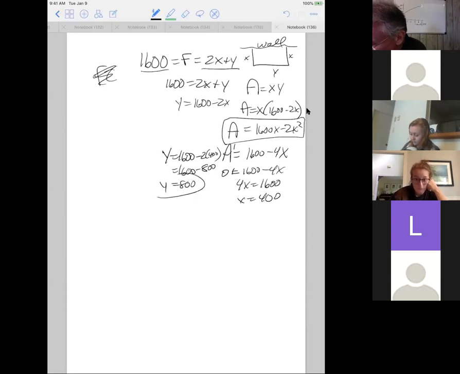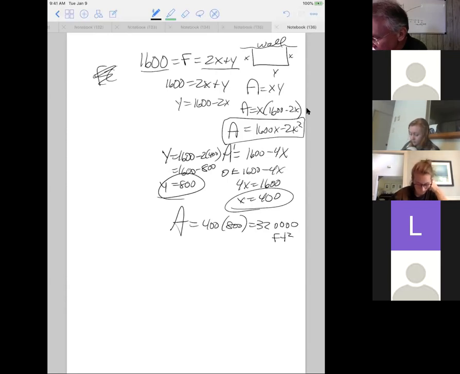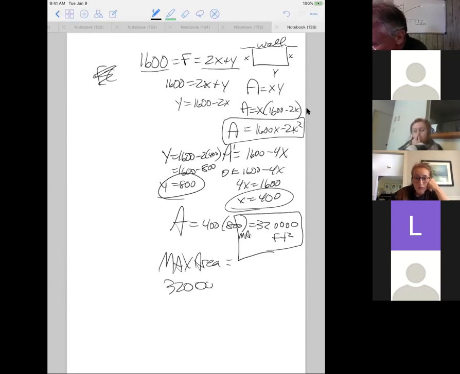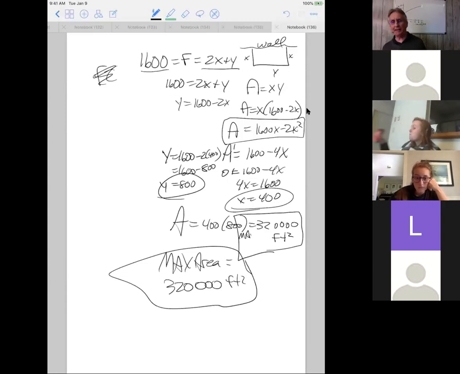So y is 800, x is 400, area equals 400 times 800, which is 320,000. And that is feet squared since it's area. Max area equals 320,000 feet squared.